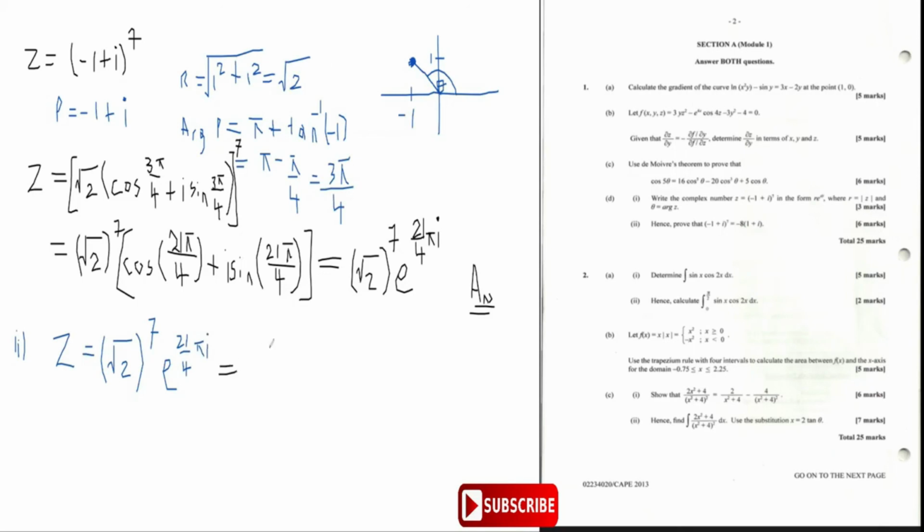In the polar form, it is root 2 to the 7th power times the cosine of 21 over 4 times pi plus I sine 21 over 4 times pi. So this comes in very handy.